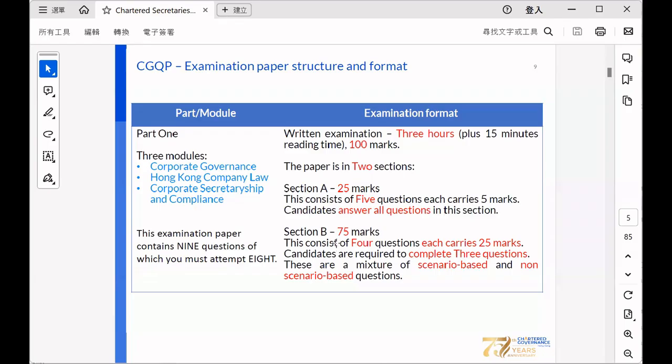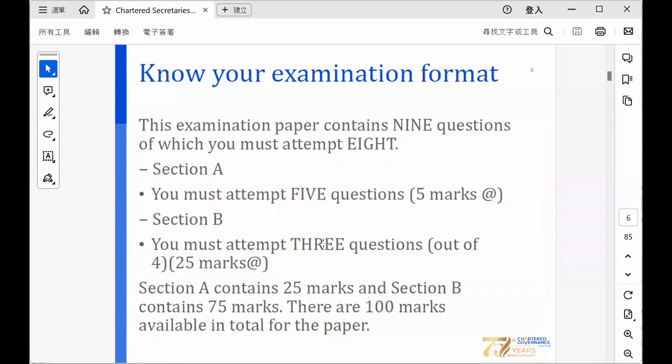So try to write at least something for each of the questions. If you don't know what to write, then probably you don't select that question. But the number of questions that you can not select is very, very limited. There's only one question that you can not select. So this is the examination format.